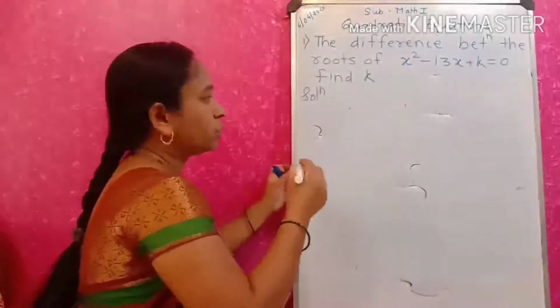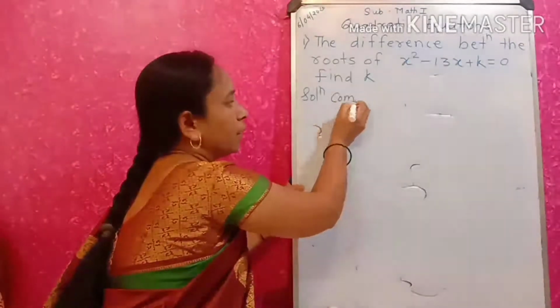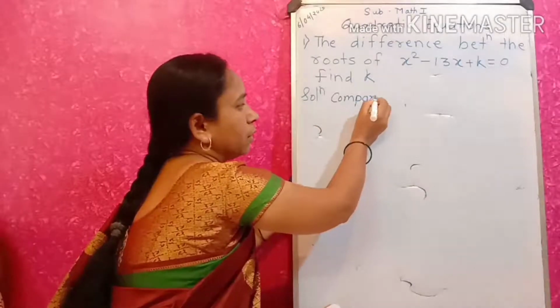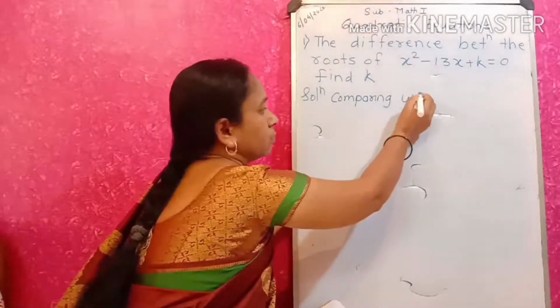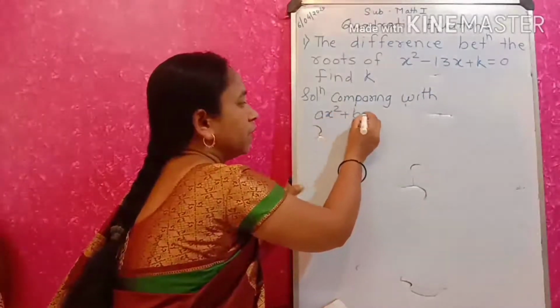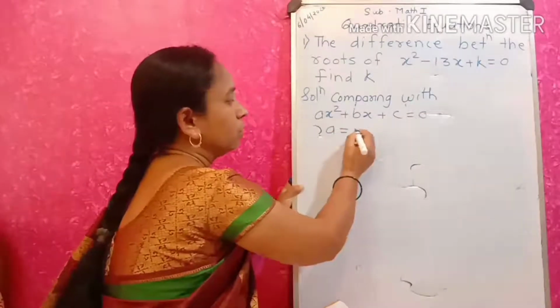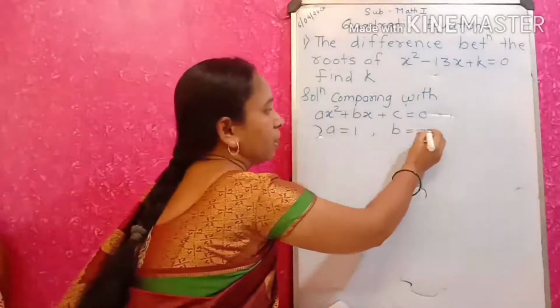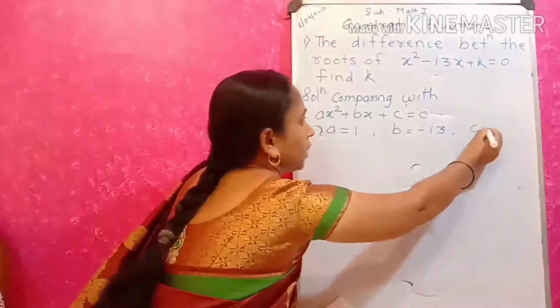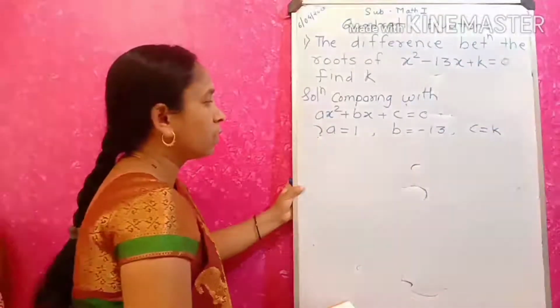To solve this example, we compare the given equation with ax square plus bx plus c is equal to 0. We get a's value 1, b's value minus 13, c's value k.